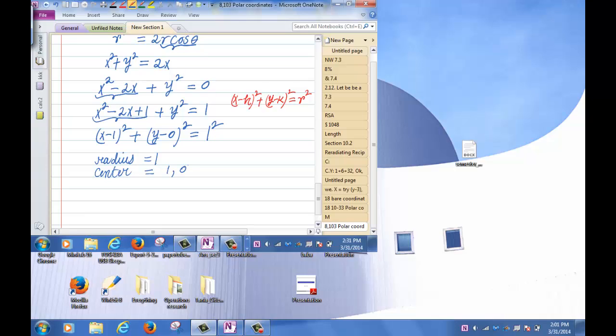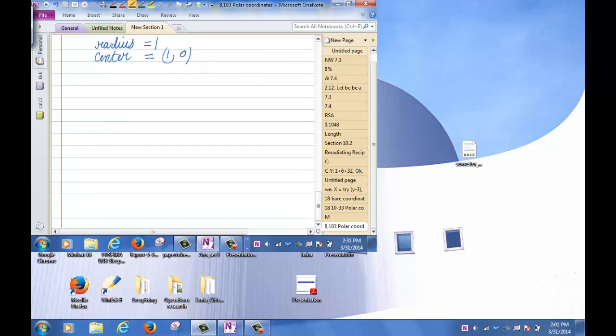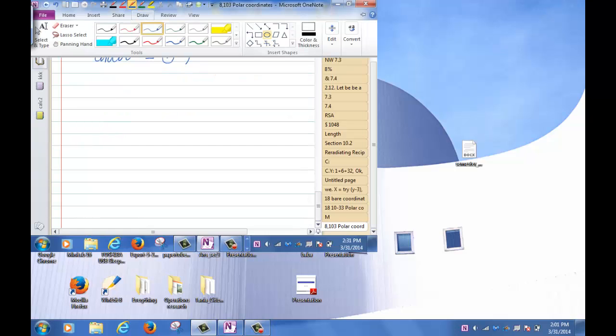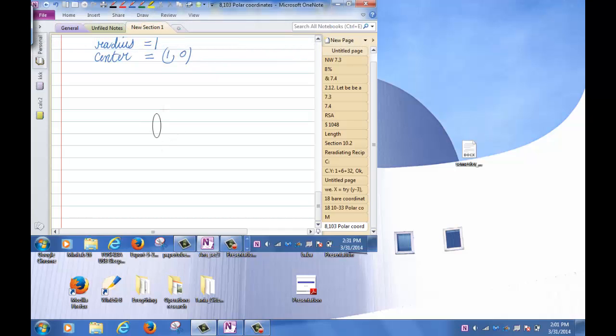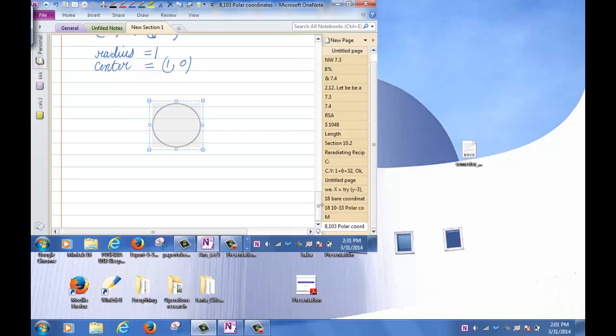So basically then, let's draw the circle. What I have is a circle of radius 1, centered at 1, 0. Let me make my x-axis here for a second.